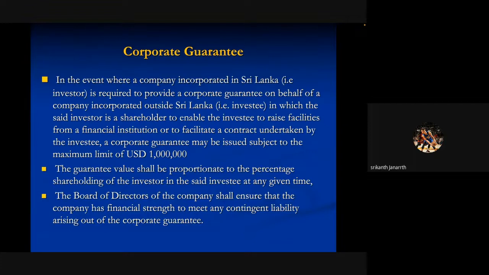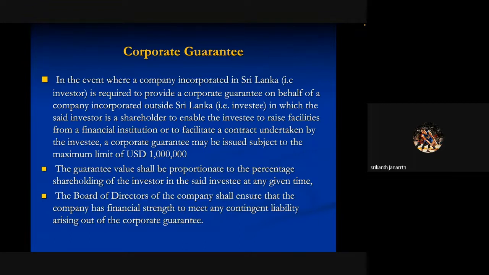The guarantee value shall be proportionate to the percentage. If the percentage is 40 and 60, and they are going for a 1 million facility, the corporate guarantee should be 400,000 and 600,000. If they are going for a 2 million guarantee, 40% of 2 million, you know how much? It's 800,000, right?